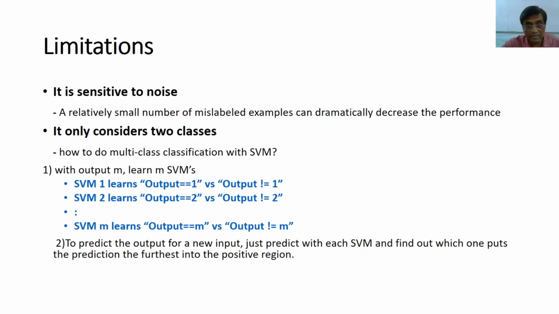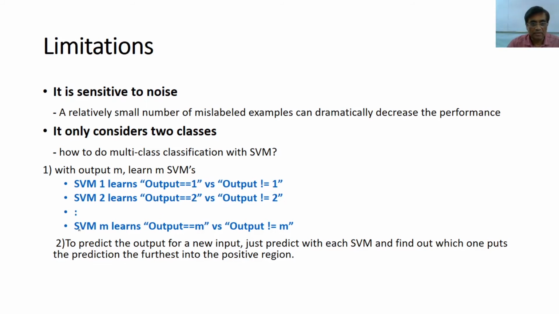However, as I told you in the beginning, we can extend a binary classifier like this to classify multiple classes. For example, with m outputs, learn m support vector machines. So the first support vector machine is learning output 1 versus not 1, all others. The second learns output 2 versus not output 2.